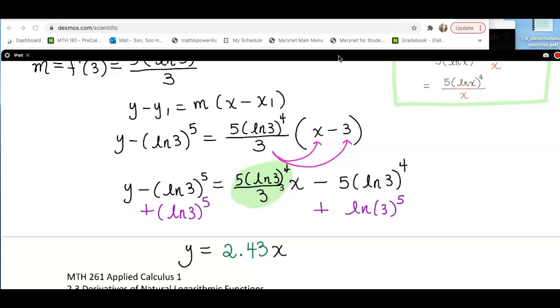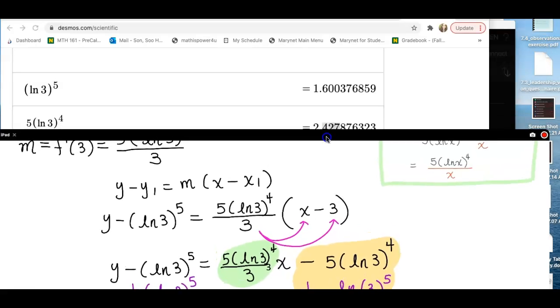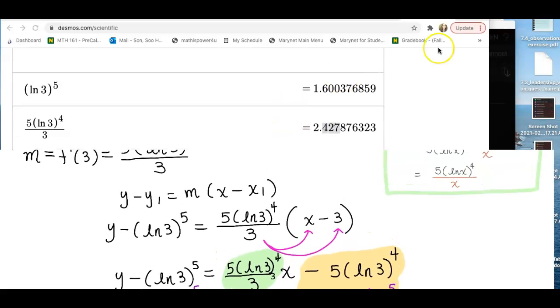x. And to find the y-intercept, we want to add these two together. So do -5 times, I'm not even going to read it. Let's go ahead and type that orange chunk into our calculator to find the y-intercept. I don't know if it's going to be a positive or negative, so I will not put a symbol there yet. But I'm going back to my calculator and I will type this.